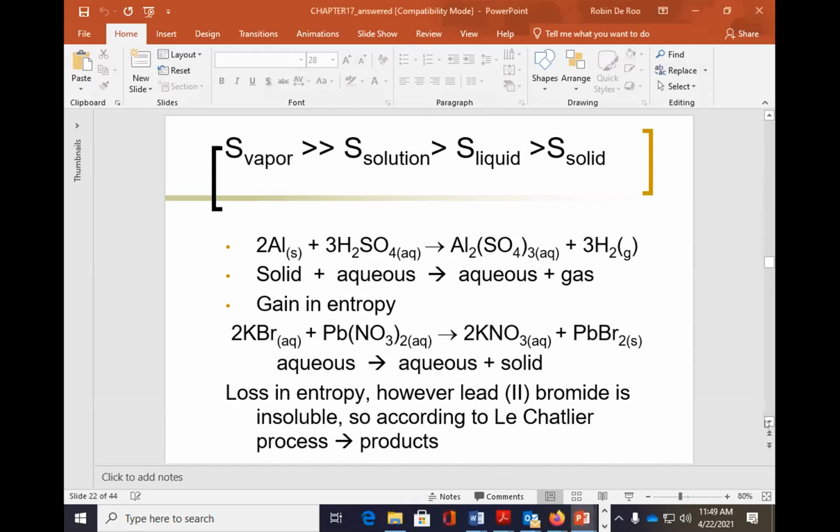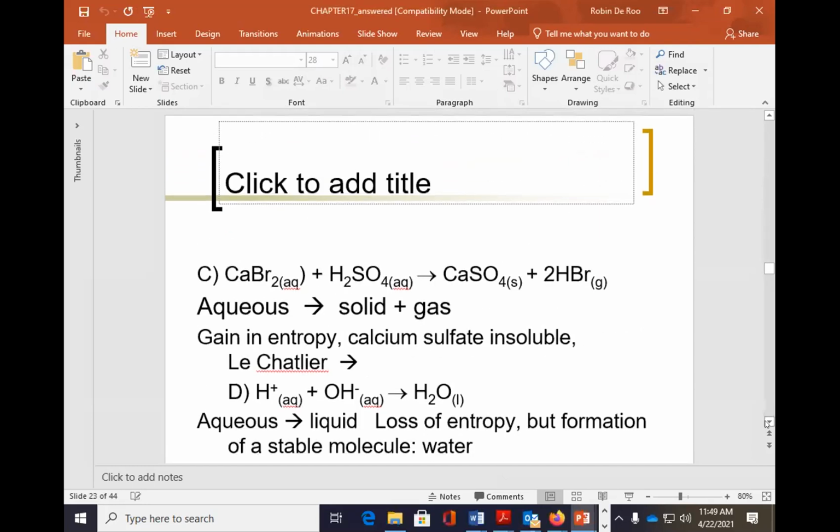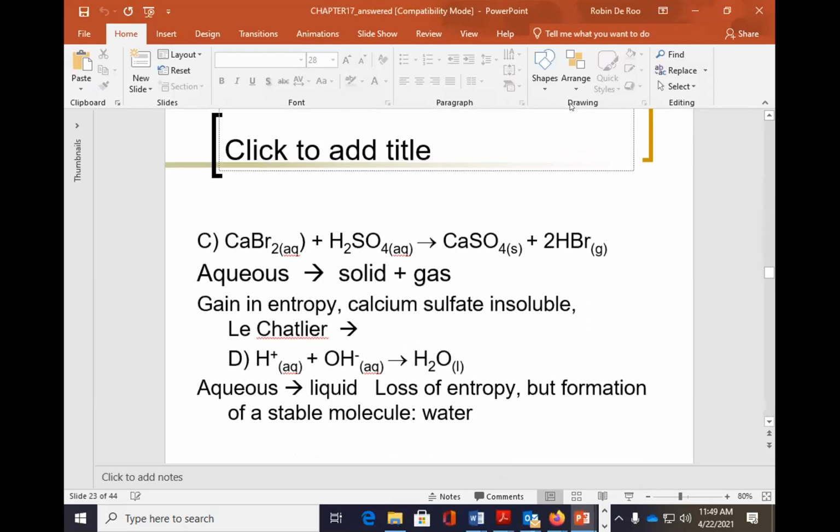Okay, so then we have to look at the other reactions. Okay, so we can look at the phases, solution plus solution, a solid plus a gas.